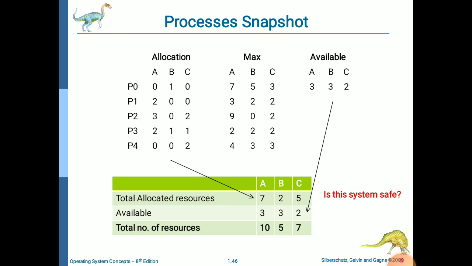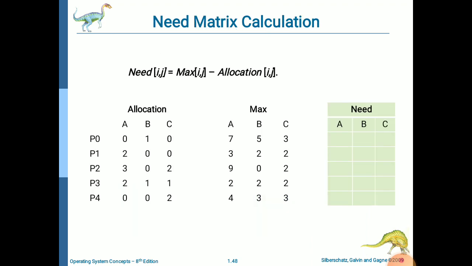For that we need to execute the safety check algorithm. Once you start executing it, you need to find the Need matrix. The Allocation matrix is given and the Max matrix is given.